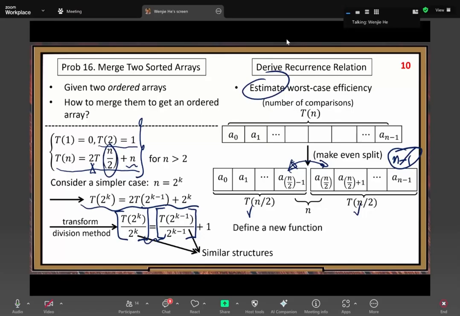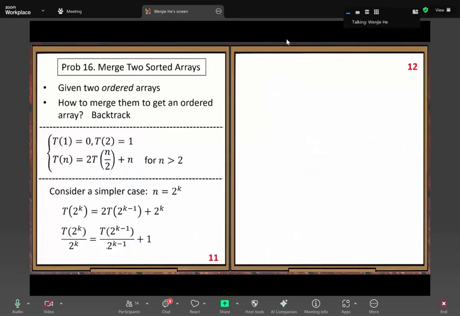We introduce a new function. Let's define a new function, G of k equals this fraction form. If we introduce this new function, then our recurrence relation becomes much simpler.